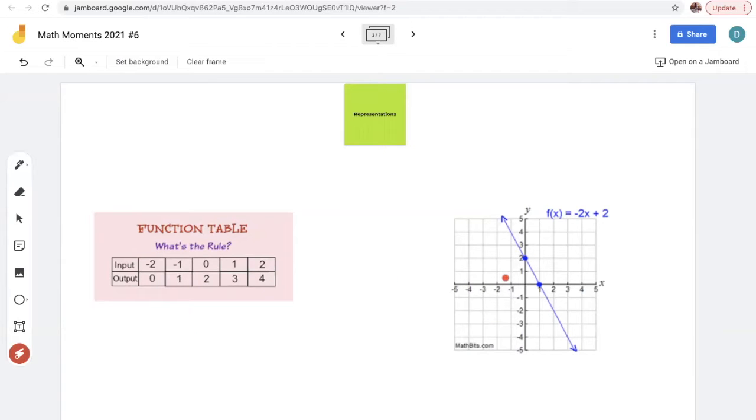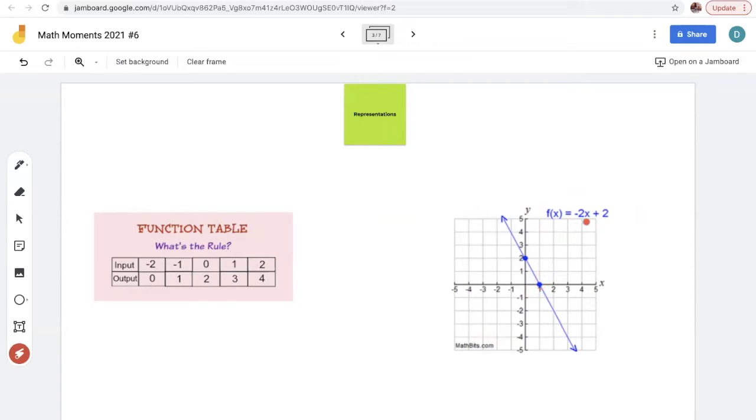We also have a graph, which is over on the right here. Now, we see they've given us a function that is f(x) = -2x + 2. What that does is for every x, which is an input, we get f(x), which is an output. So if you put 1 in, you're going to get 0, and that point is shown here.